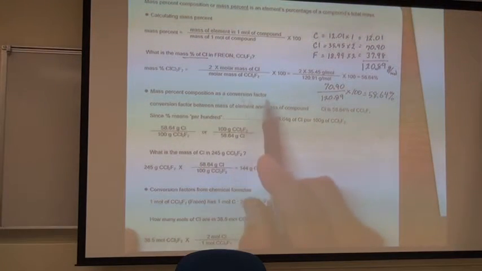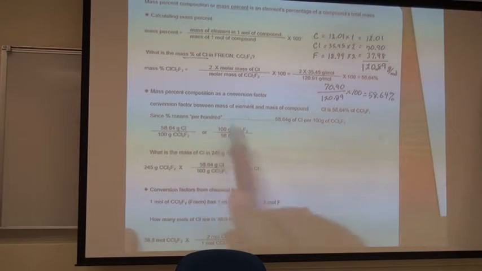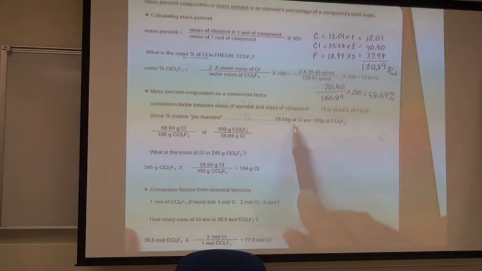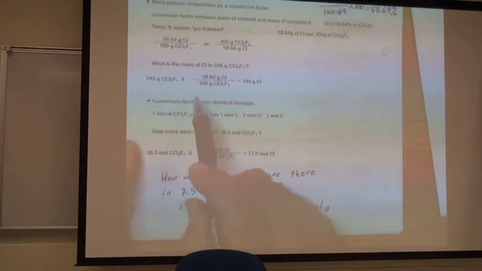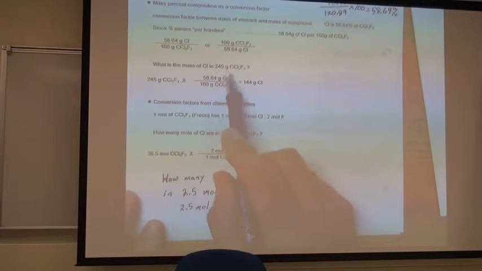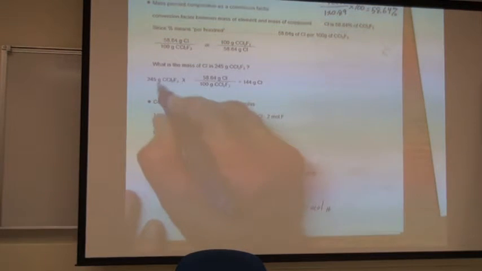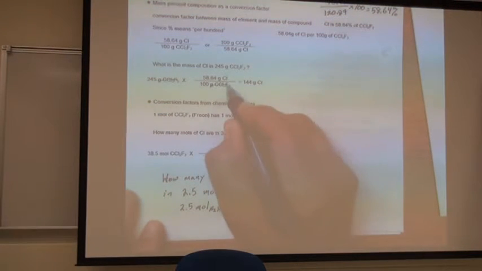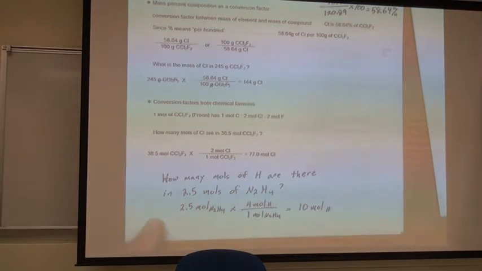Okay, mass percent as a conversion factor, which is what we did. Since percent means per 100, you do grams per 100 grams of whatever it is you have. And the example in the notes is what is the mass of chlorine in 245 grams of Freon, CCl2F2. So the same thing we did, cancel out the whole thing, and here's the grams of chlorine per 100, and that gives you grams of chlorine in that much.